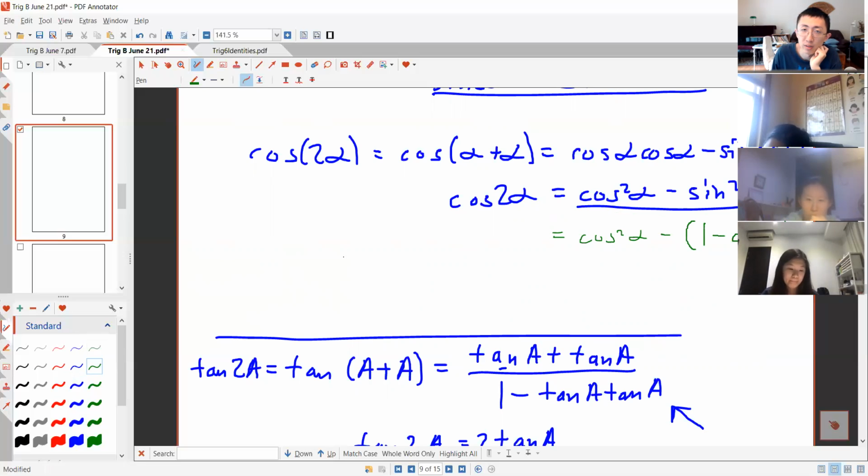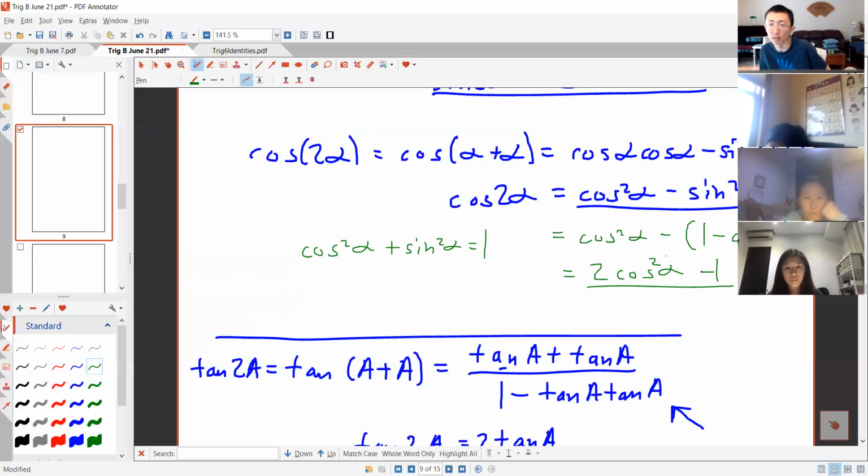Yeah, right. With the Pythagorean identity, we can relate cosine alpha squared with sine alpha squared. They always add up to 1. So this is 1 minus cos squared alpha. And then if we expand it out, we'll have 2 cosine squared alpha minus 1. So this is an alternative way to write the cosine double angle formula in terms of just cosine.